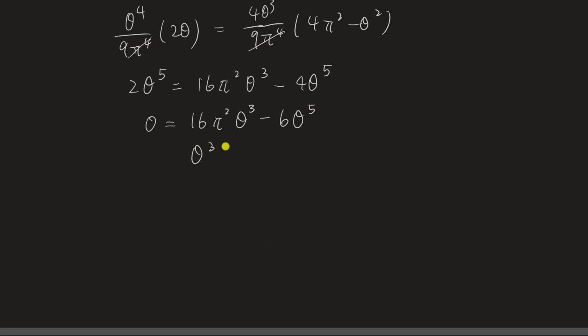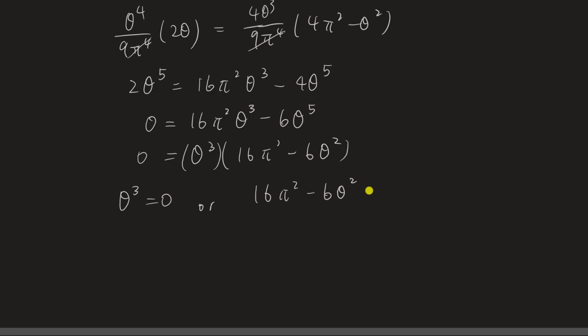Factorize out theta cubed, I'll get 16 pi squared minus 6 theta squared. Since this is 2 items multiplied together, this means that theta cubed equals 0, or 16 pi squared minus 6 theta squared equals 0. This means theta equals 0. This side, you will get 6 theta squared equals 16 pi squared.